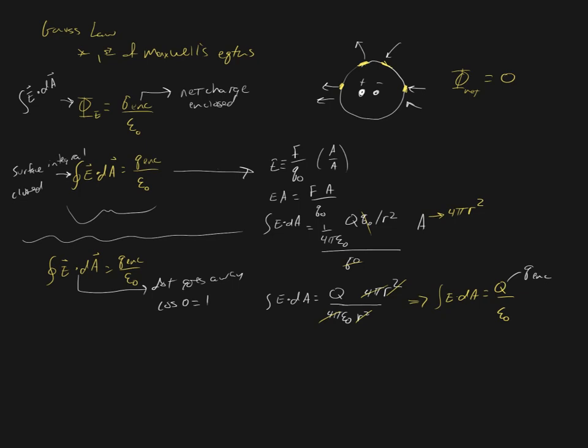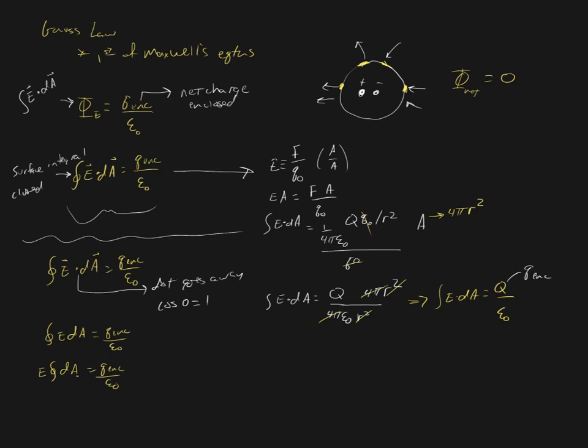So rewriting Gauss's law, we get the integral of E times dA, no dot, is equal to Q enclosed over epsilon naught. And then E is going to be constant everywhere, so I can put that outside of the integral sign. So we end up with E times the integral of dA is equal to Q enclosed over epsilon naught.